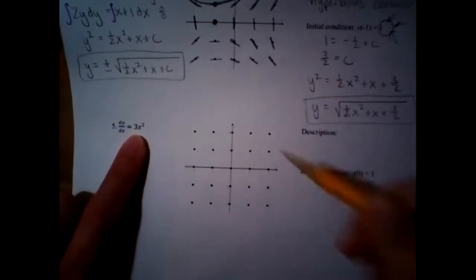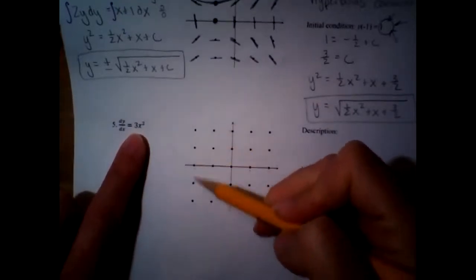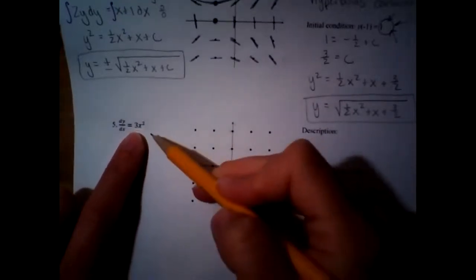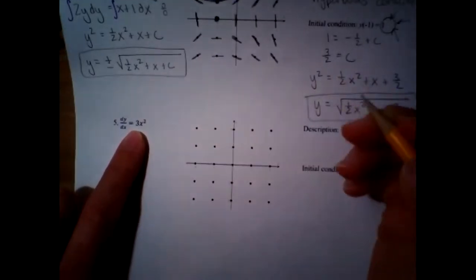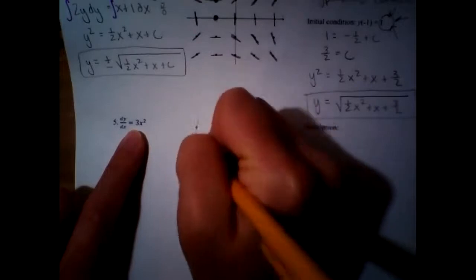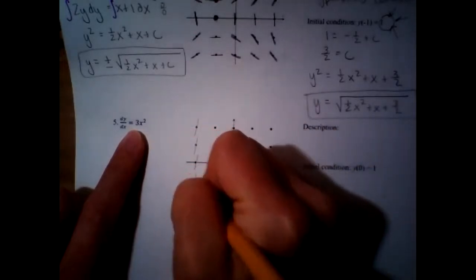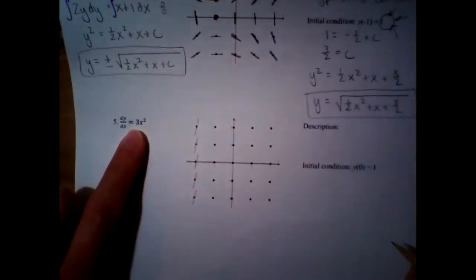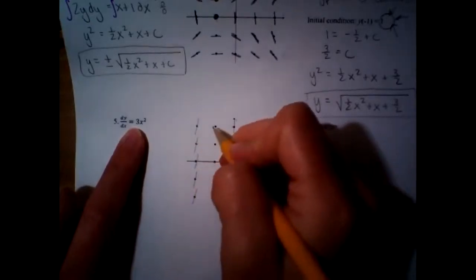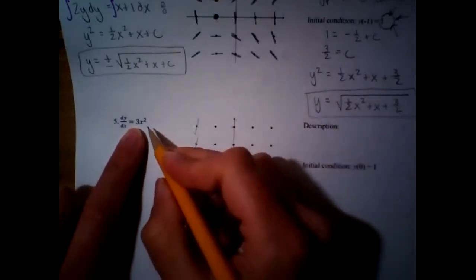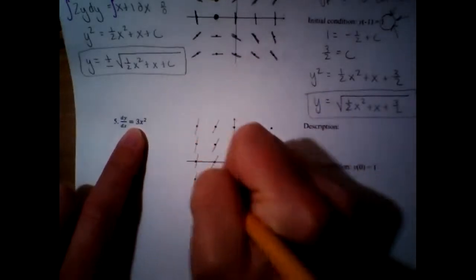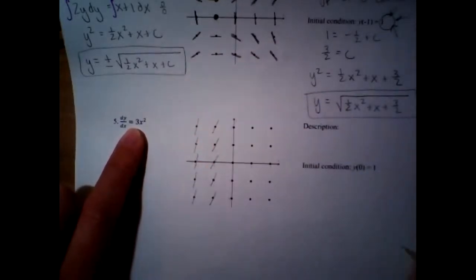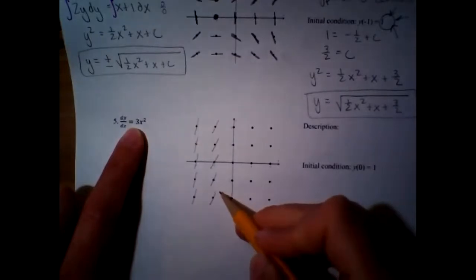All right, so for this first column, all of the x's are -2. So -2 squared would be 4 times 3 is 12. Okay, a slope of 12 is going to be practically vertical. Very, very steep. All right, if x is -1, we're going to get a slope of 3. So not quite as steep as 12. Again, they're not perfect. It's just if that one's 12 and that one's 3, this needs to be steeper than this.